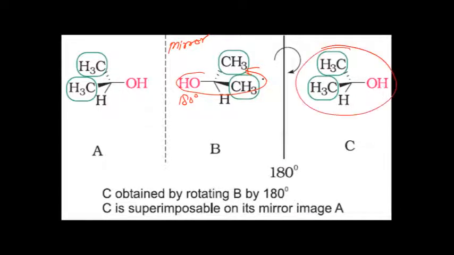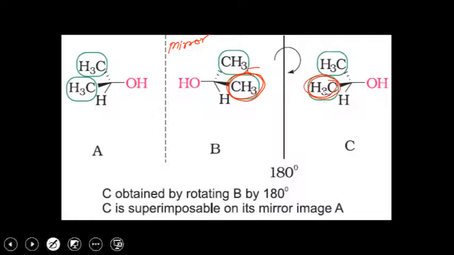It will look like this. OH from the left side will move to the right side. This CH3 from the right side will move to the left side. But one very important point you need to notice.